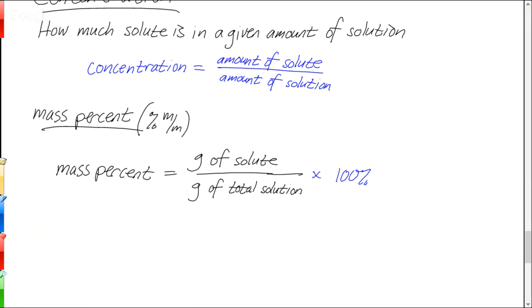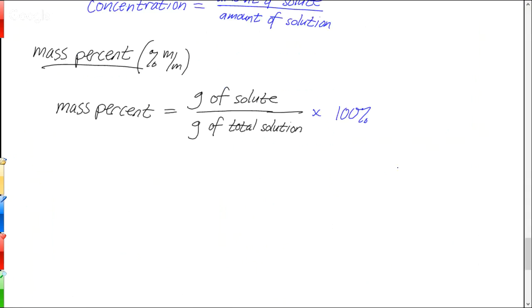So let's look at an example of what a mass percent looks like. Let's say we have a solution of 30 grams of sodium chloride in 120 grams of water.